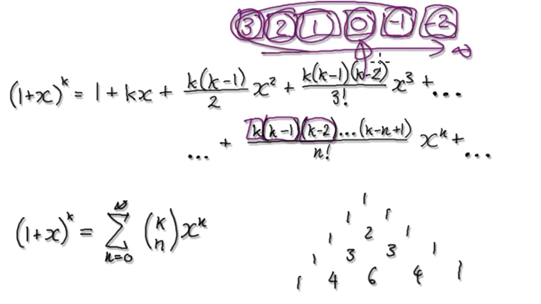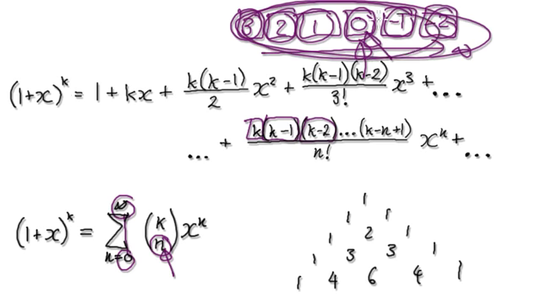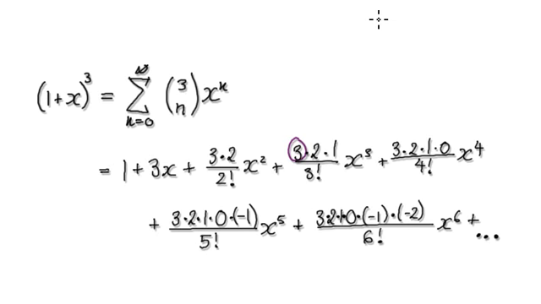So what I'm trying to say is that beyond a certain point, if you take n all the way to infinity, there will come a point where you will have a 0, and then 0 times the whole lot will be 0. So let's go back to this simple scenario where k equals 3. It would be 3 times 2, and then the next one will be 3 times 2 times 1, and then 1 less than this will be 0.